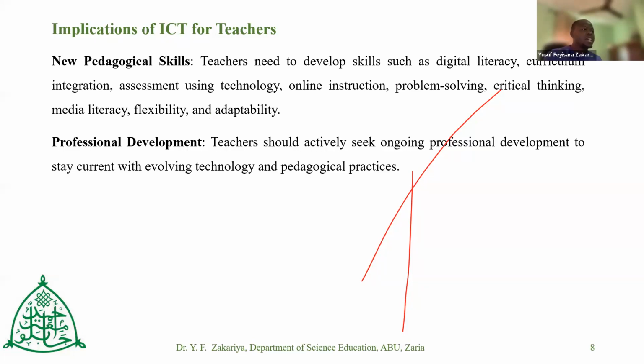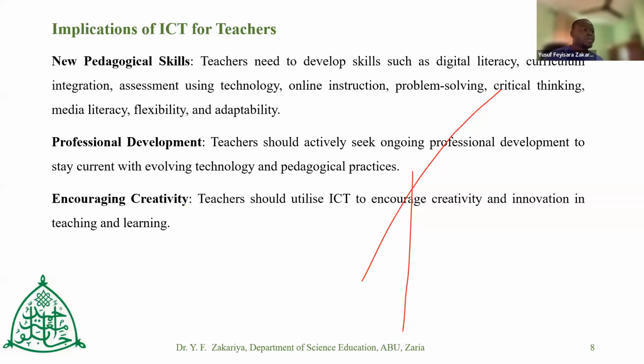At the same time, you need to improve your professional engagement in terms of attending conferences or going for workshops on how to incorporate technology into your teaching. Another implication of using ICT is that teachers need to utilize it to encourage creativity and innovation in the teaching and learning process. Okay?